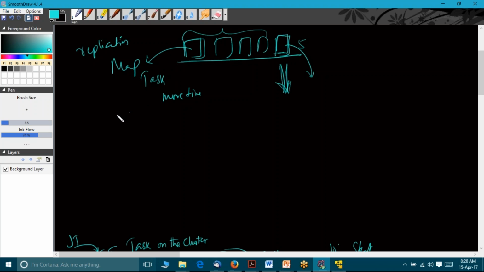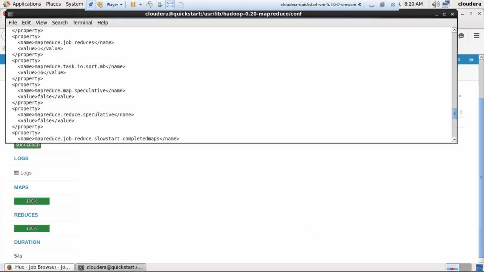It will start initiating the task to be executed on those replicated blocks also. Out of these 3, whichever finishes fastest, that output is taken into consideration. The remaining 2 tasks are discarded. This kind of execution is what we call speculative execution. Are you able to understand this point, friends?